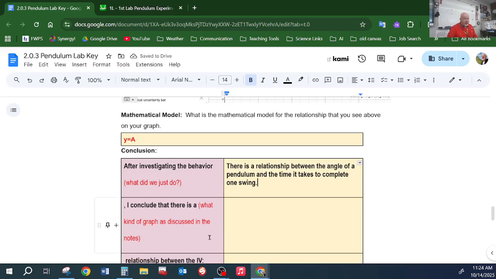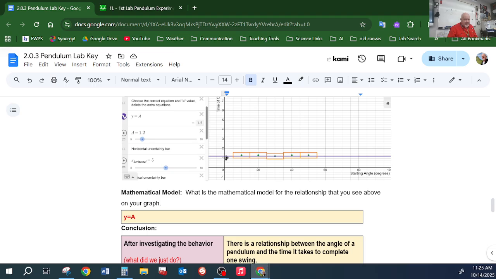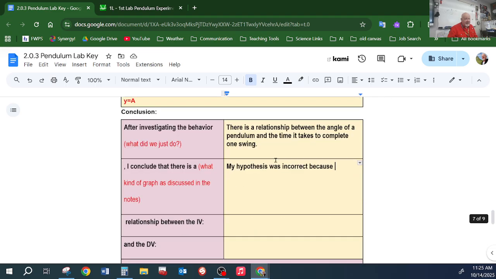All right, I conclude, in other words, what happened? Well, what did I conclude? I conclude, first of all, my hypothesis was incorrect, because it looks like, by looking at the model, that the numbers don't increase, they stay the same.